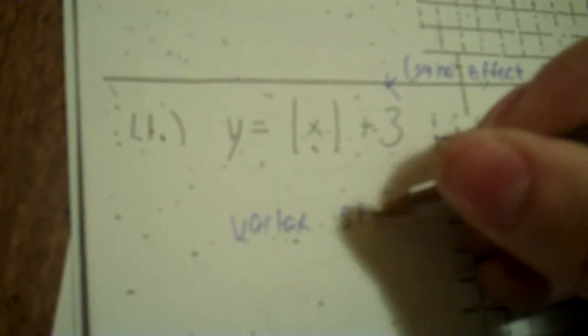Okay, next one. That's a K value. What does K do? It has the same effect to Y. I'm just going to label it right there. K has the same effect to Y. So the vertex start is 0, 0.